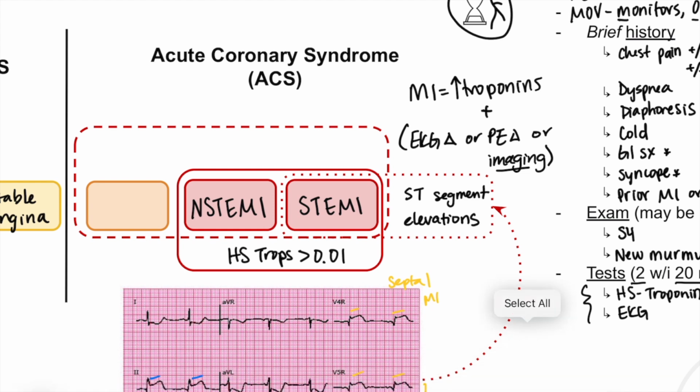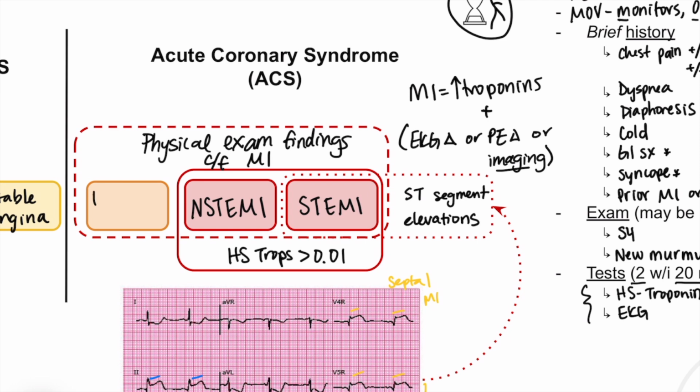This box should be filled with physical exam findings concerning for MI. So what would go in the orange box then for a patient who doesn't have elevated troponins but does have physical exam findings concerning for an MI?